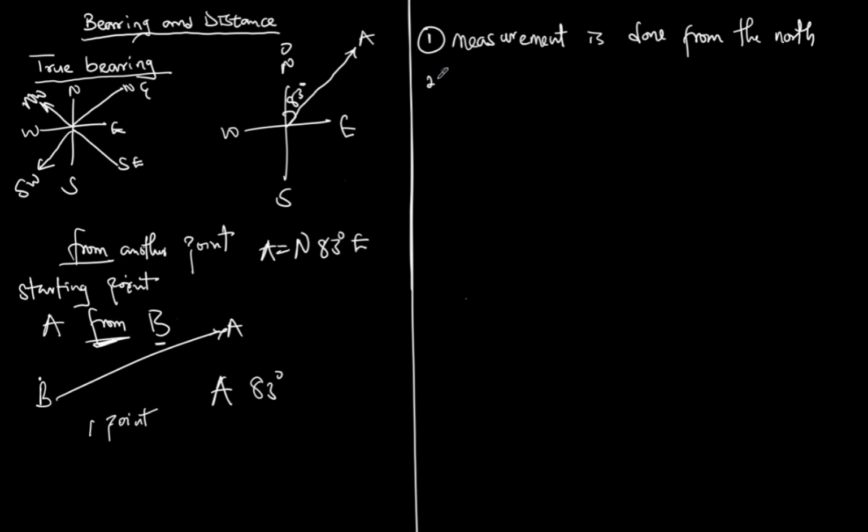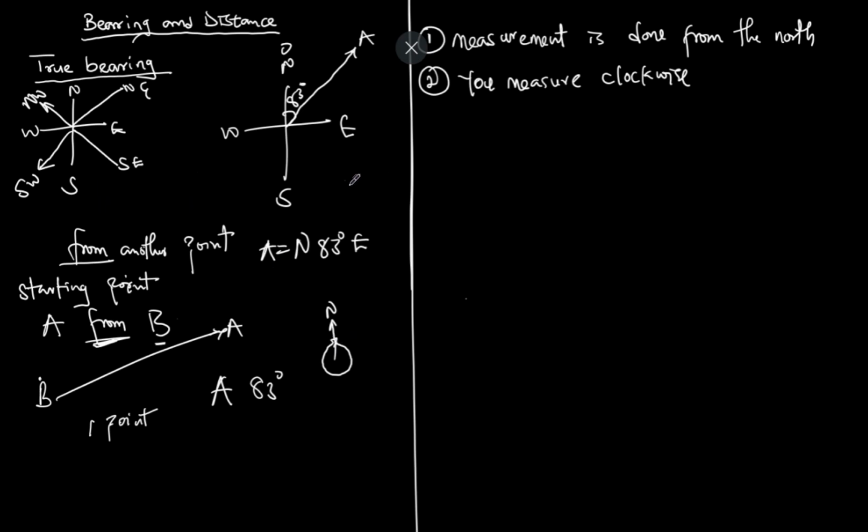Number two is that you measure clockwise only. That is, if I have the north, I can only measure going this way to this way.